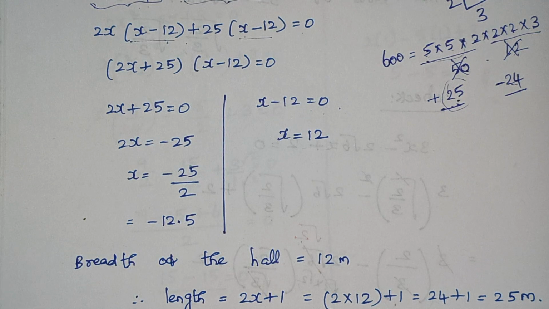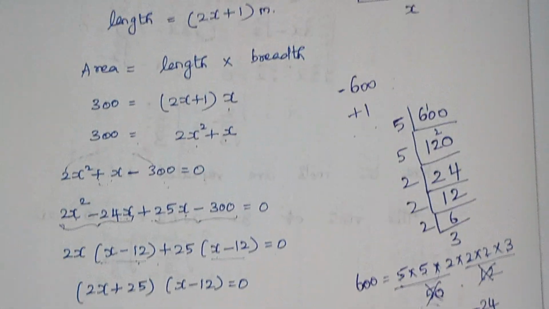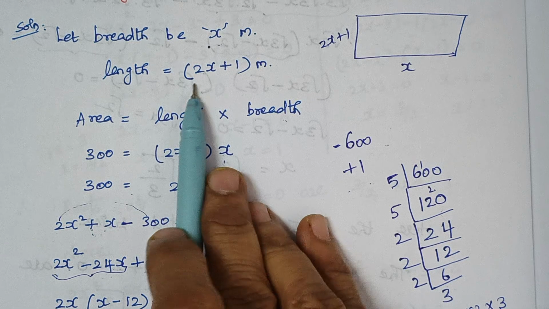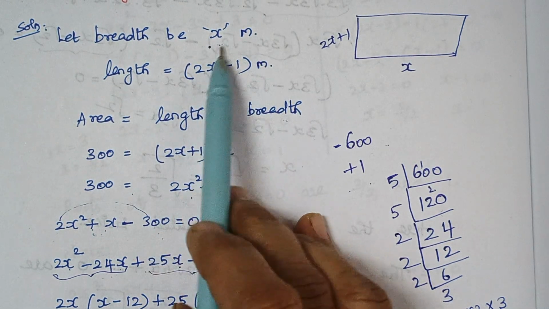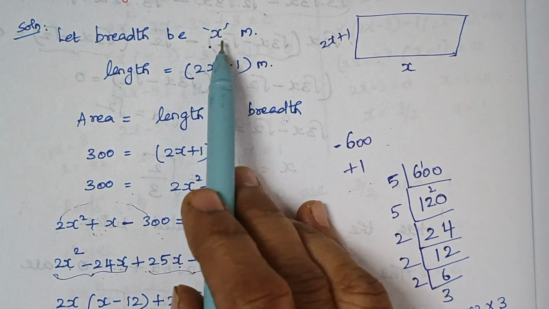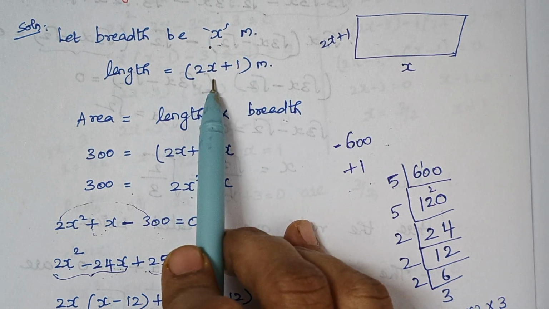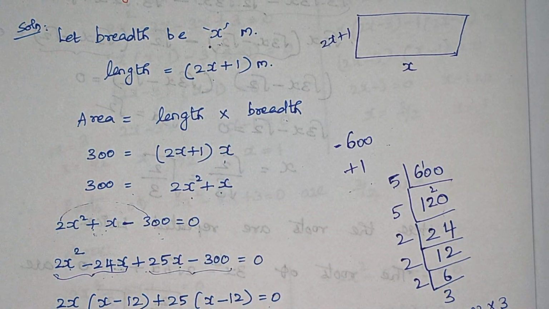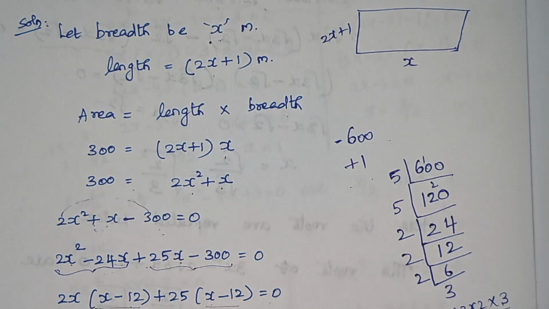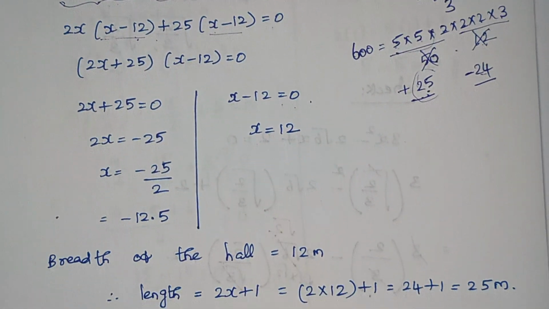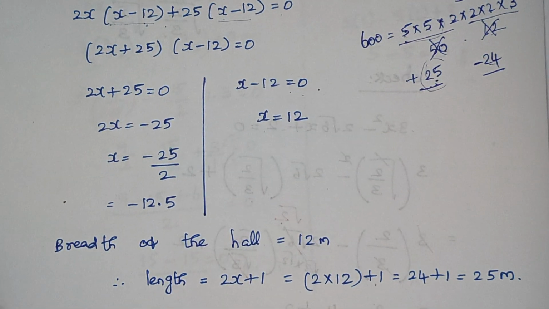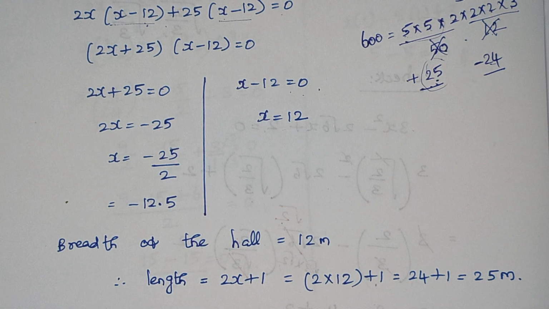Now, we know the breadth. So, what is the length? Again when you look back, you see length is nothing but 2x plus 1. Now, we know the value of x. So, once you substitute the value of x here, you can easily calculate the value of the length. The value of this length is given by 2x plus 1. So, what is the value of x?